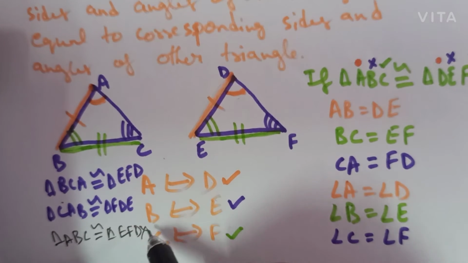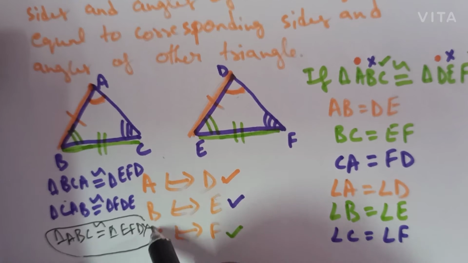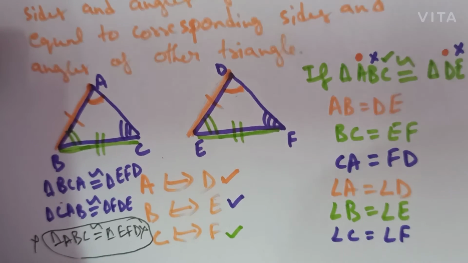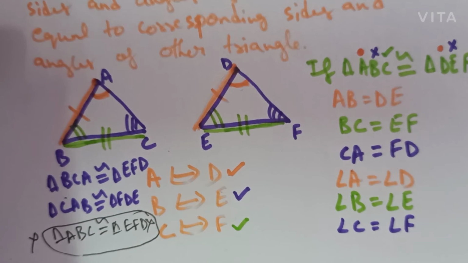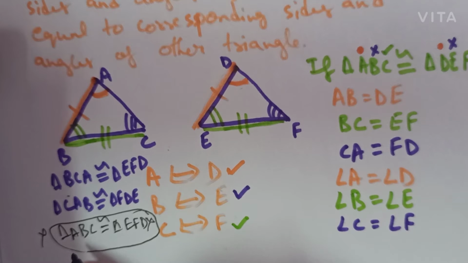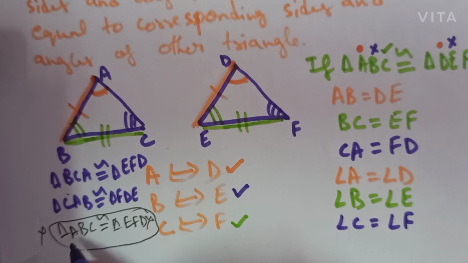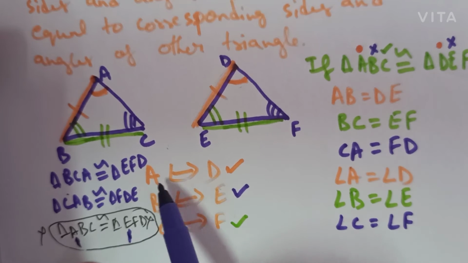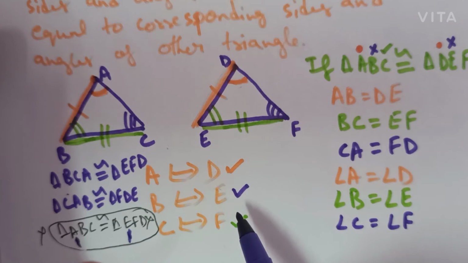Because if we say triangle ABC is congruent with triangle EFD, we say that vertex A should match with vertex E, but here vertex A is not matching with vertex E. In fact, vertex B is matching with vertex E and A is matching with D. So this will be a wrong statement.